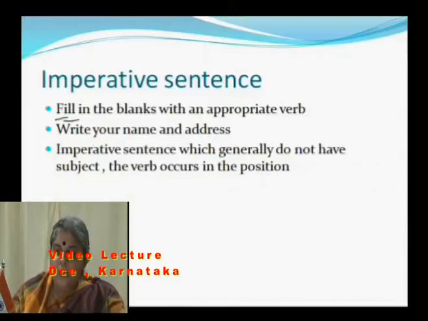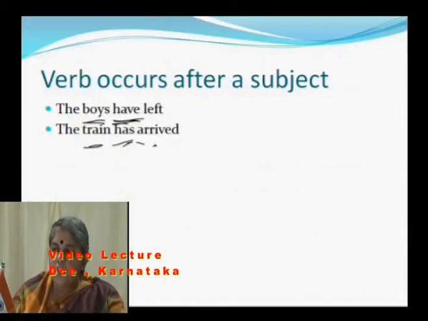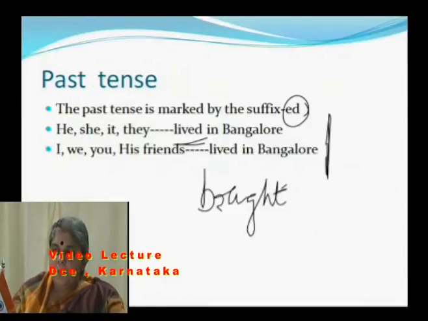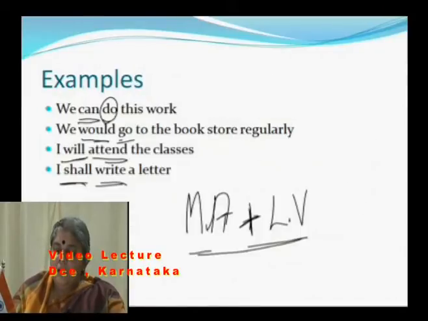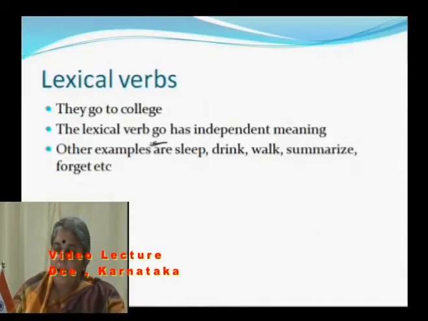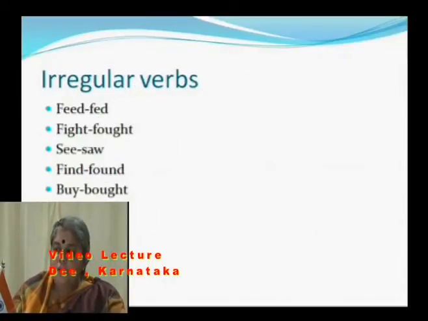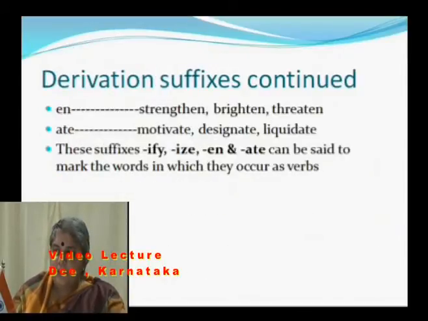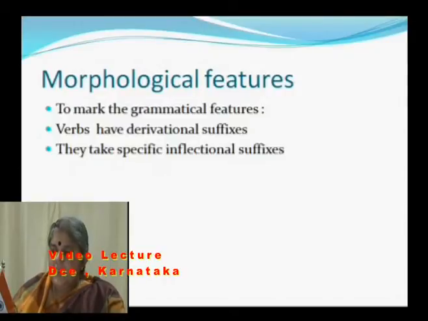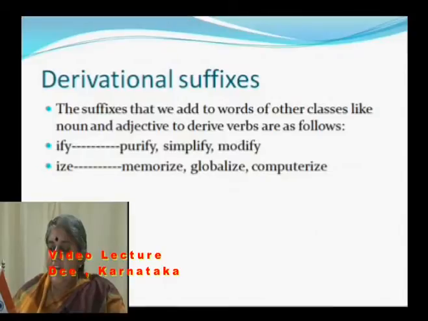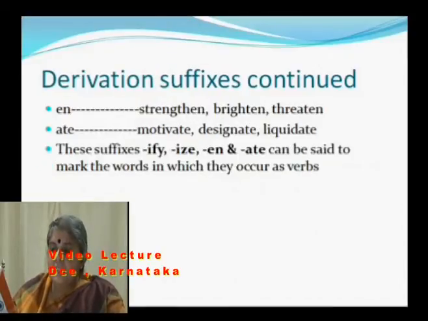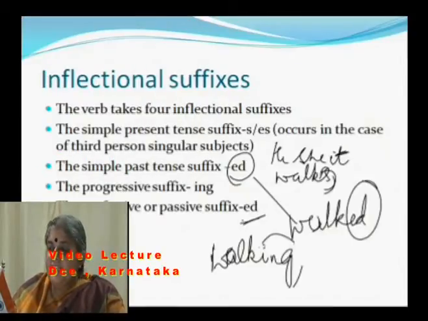Let us do a quick recap of what we learned today. I began by telling you the morphological features of the verb. What did I say? It takes specific derivational suffixes, ify, ize, en, ate. It takes inflectional suffixes, s, es, ed, ing and en.